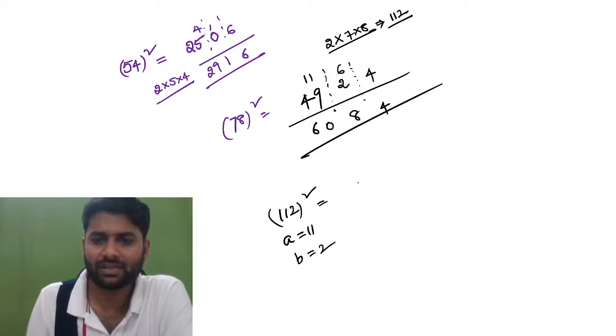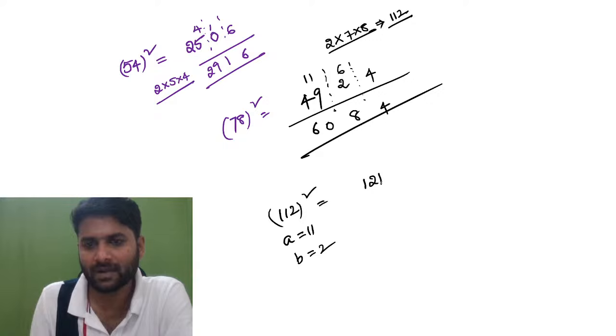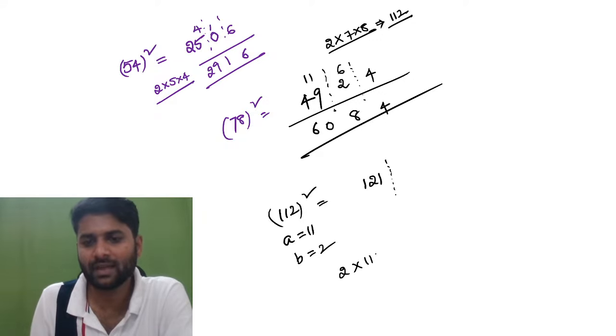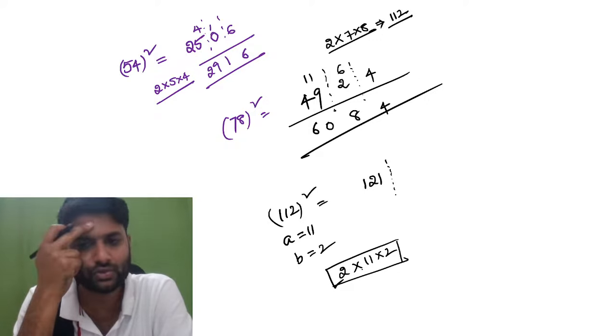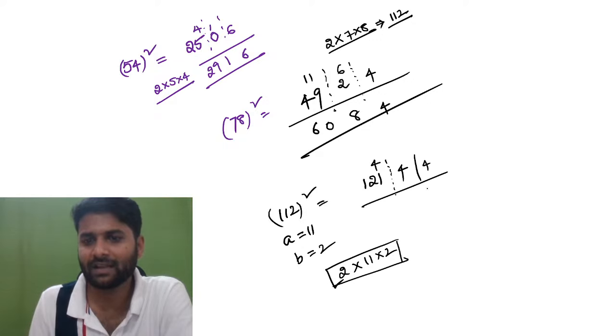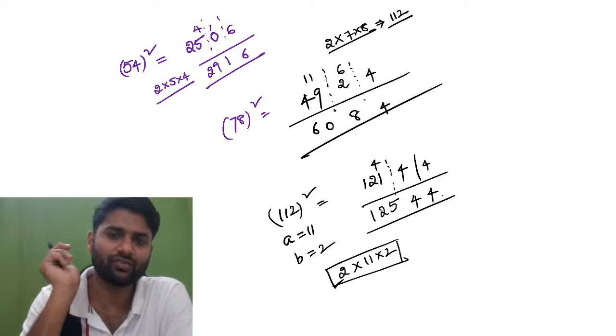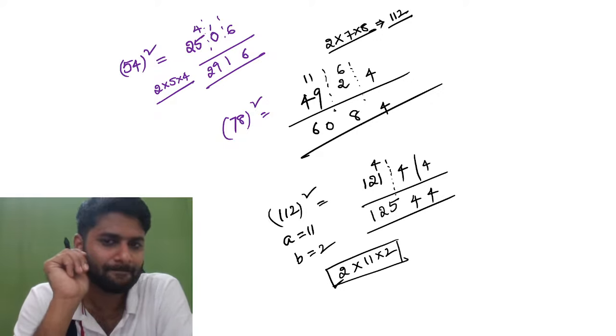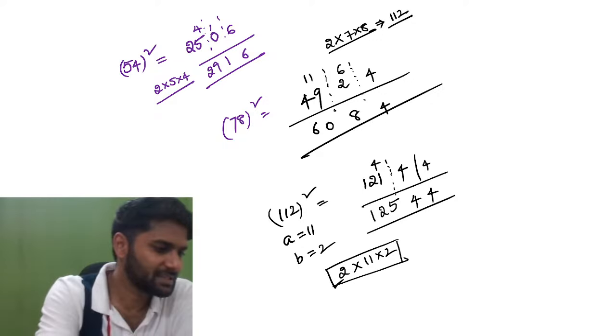Now same approach, 11 square is 121. Write down the same. 2ab is all about 2 into 11 into 2. So 11 into 2 is 22, 22 into 2 is 44. So write down 4 and 4 is carryover. Finally again 2 square is equal to 4. So the answer is 12,544. Is it clear, guys?